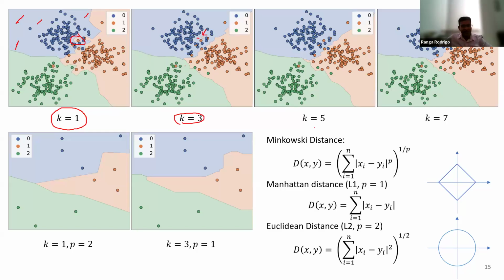But if you consider five nearest neighbors, those problems are gone. You can see the boundary gets smoother and smoother. The wiggly nature disappears when you have a large number of neighbors, especially clear when k equals 7 or so.